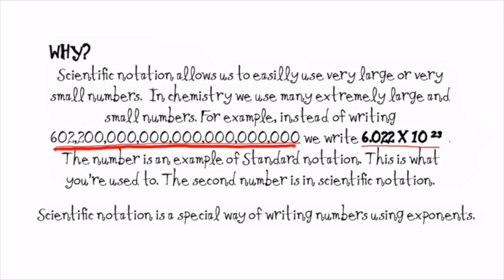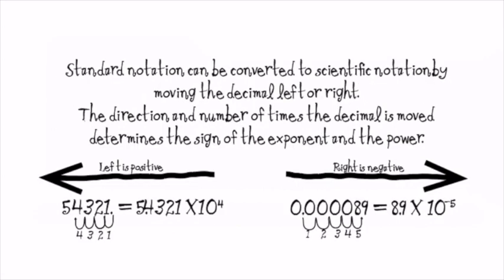Scientific notation is a special way of writing numbers using exponents. With scientific notation, you'll have one number before the decimal point, times 10, always times 10, and then to a power, or an exponent. Standard notation can be converted to scientific notation by moving the decimal to the left or to the right.